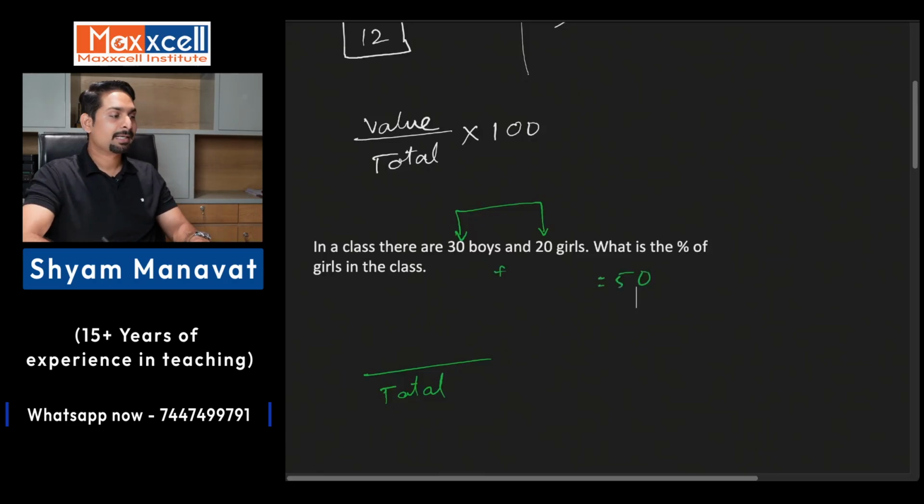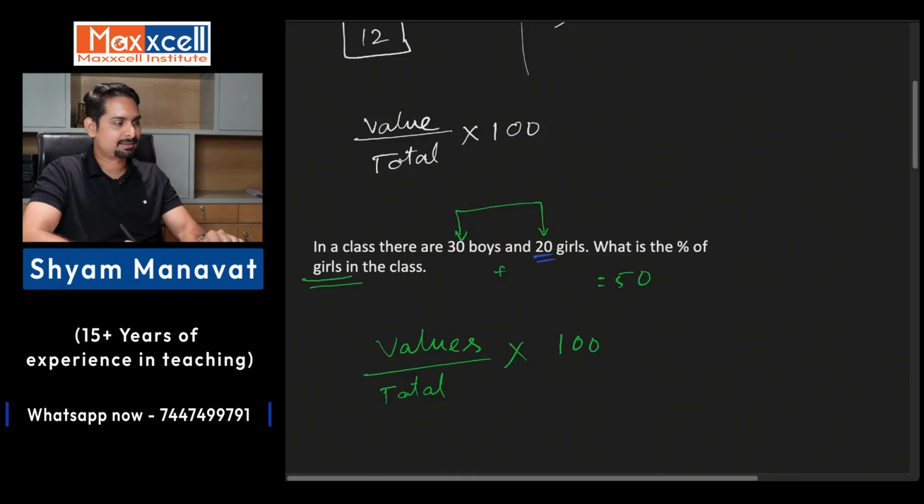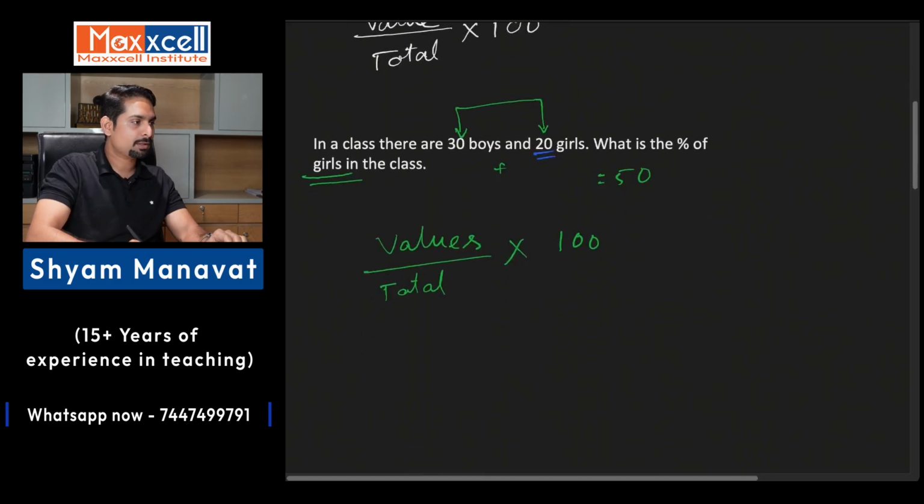So in the class we have 50 students, out of which the value for which I need to calculate the percentage is the number of girls in the class. How many girls are there in the class? There are 20 girls in the class, right? So you will say what?